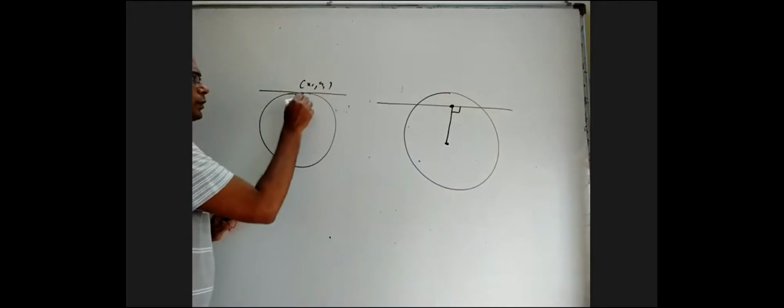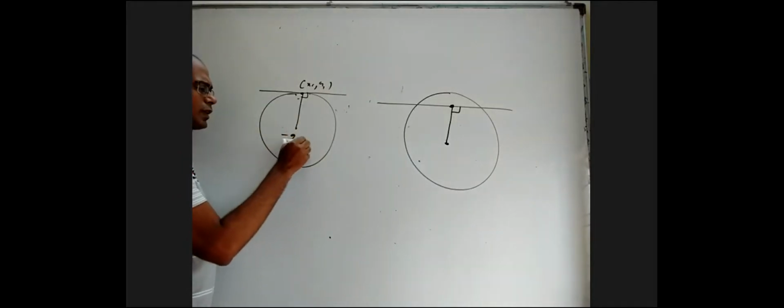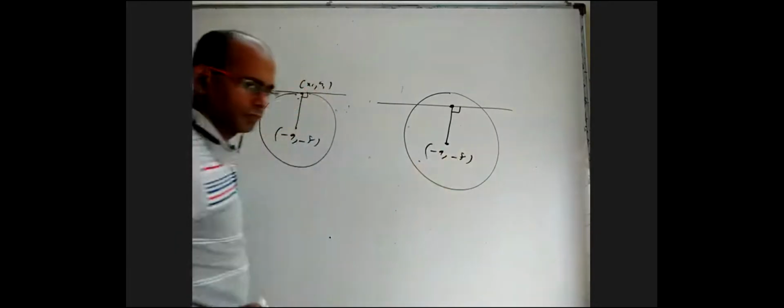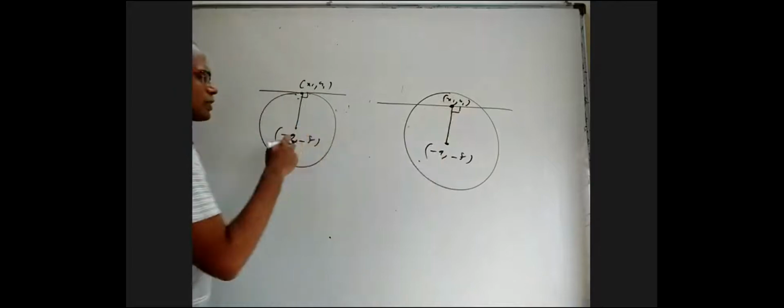If we take the midpoint of a chord of a circle and join it to the center, the two are perpendicular. Same thing here. If we take the general circle, the center is minus g comma minus f. This point is x1 y1. The slope of this line will be y1 plus f by x1 plus g.